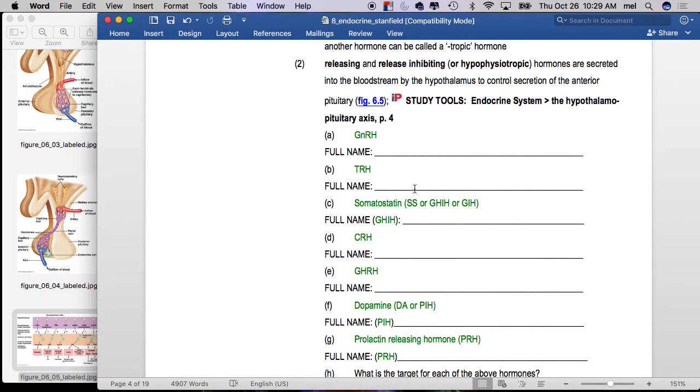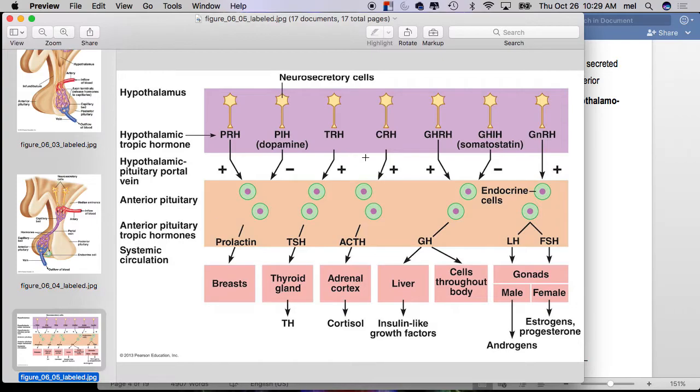Sorry. Now, this one has two names. The first name is only helpful because it tells you the chemistry: somatostatin. The second name really tells you what it does, and the second name is GHIH. It sounds like an oxymoron, it's weird: growth hormone inhibiting hormone.